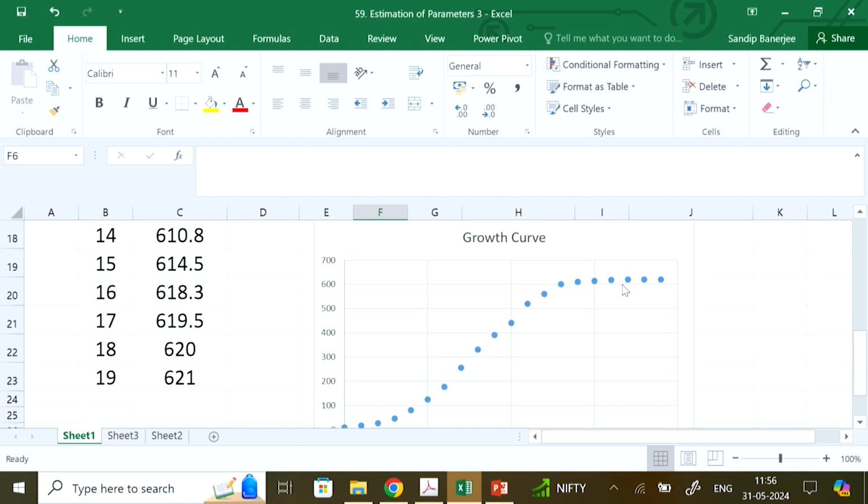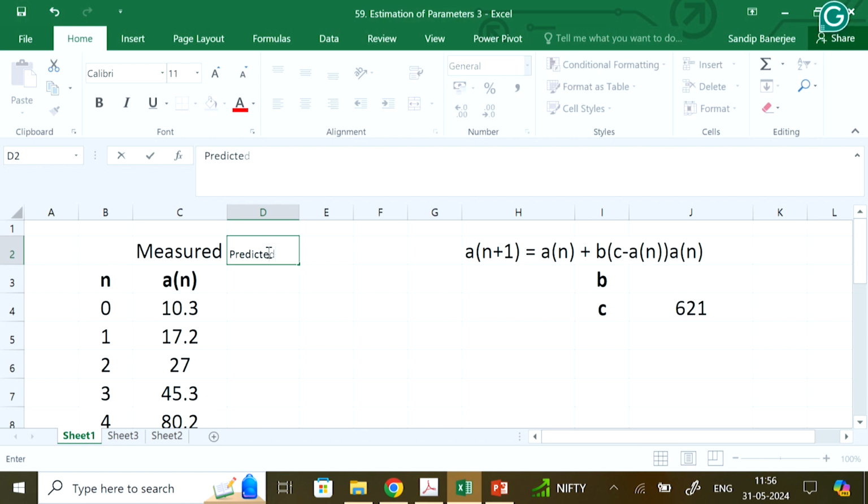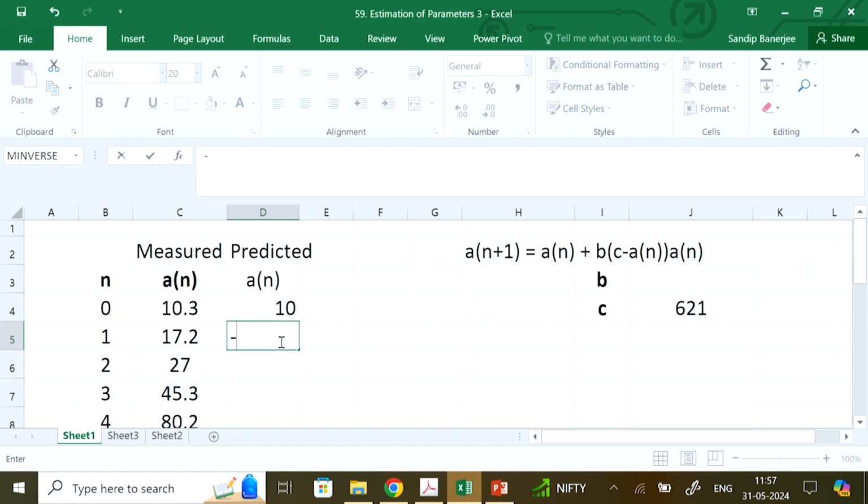Then the only thing is the value of b. So, this is the predicted a_n, and the initial value I put as 10.